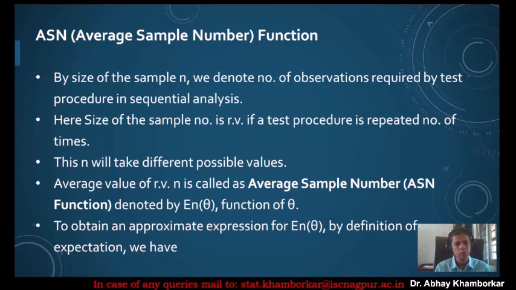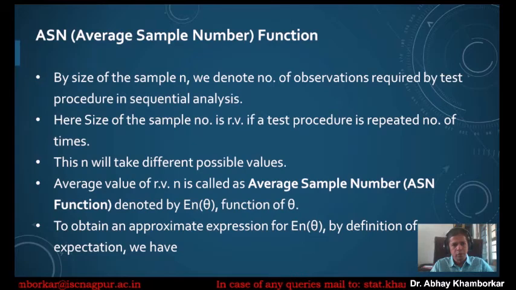The average value of this random variable, that is n, is called as average sample number, that is ASN function, which is generally denoted by E_theta(n), which is naturally a function of theta. Now to obtain an approximate expression for E_theta(n) in the case of SPRT, let us take the help of expectation.